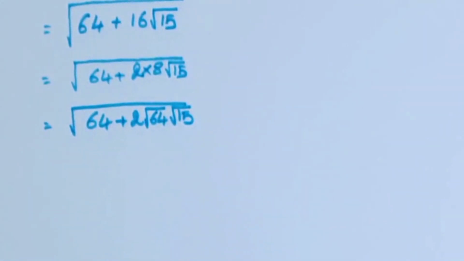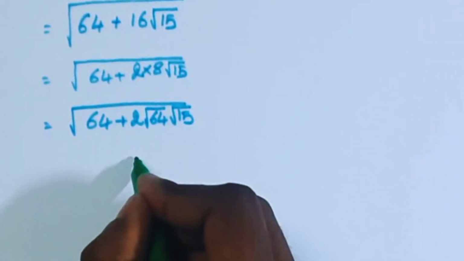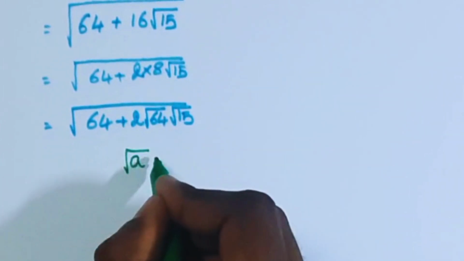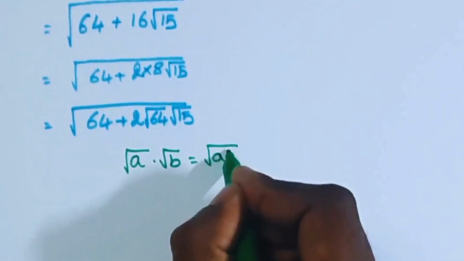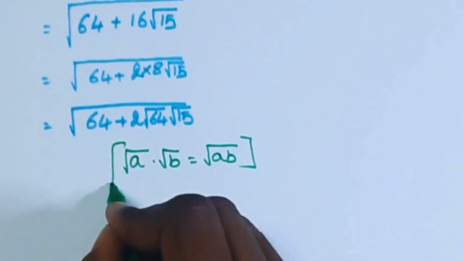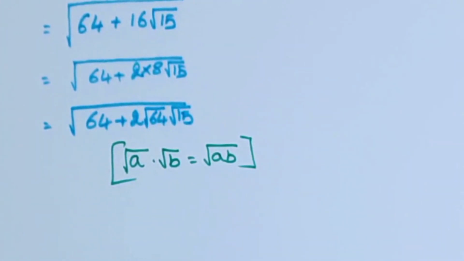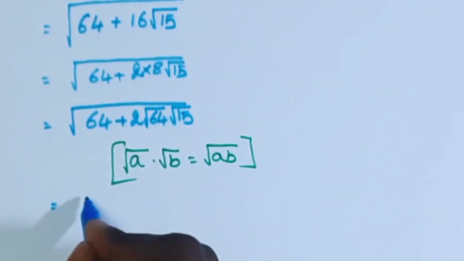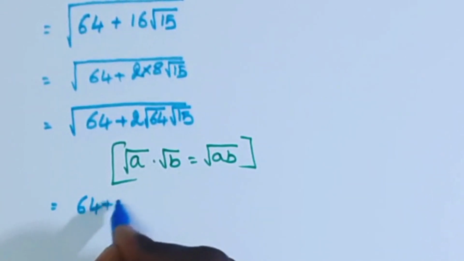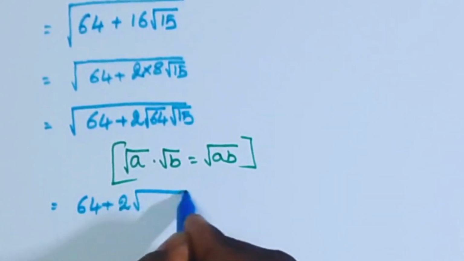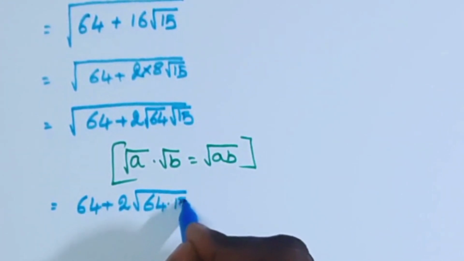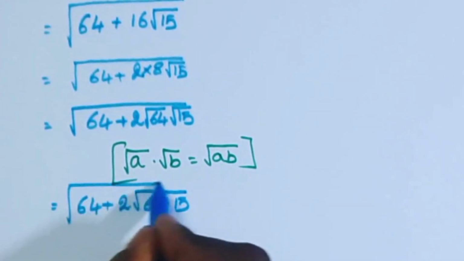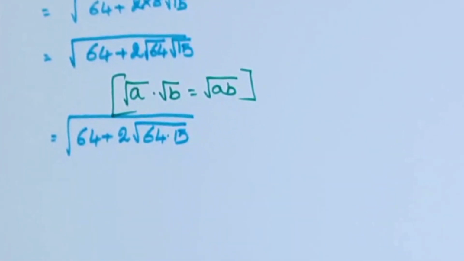Now we know this formula, which is square root of a times square root of b equals square root of ab. This formula we are going to apply here. So we'll get 64 plus 2 times square root of 64 times 15, in square root.